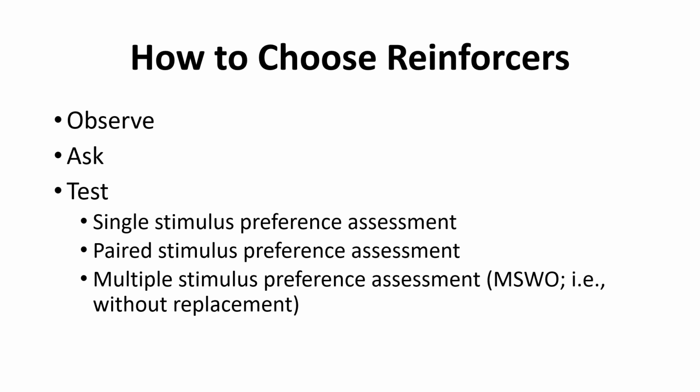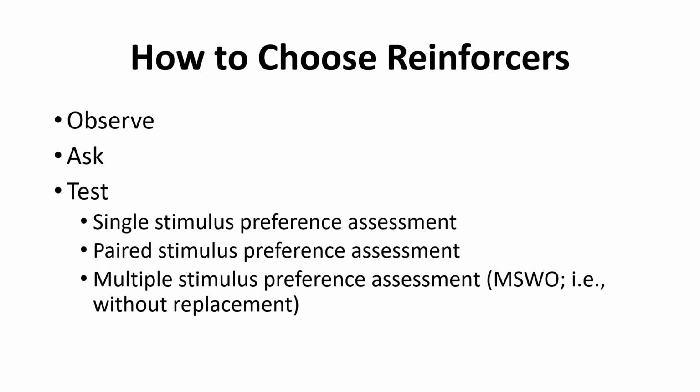You can also do a multiple stimulus preference assessment, or MSWO, if you specifically use a variant where you don't replace items. But the base multiple stimulus preference assessment would be that you would present all 6 of your possible reinforcers and see which one the individual goes to first.